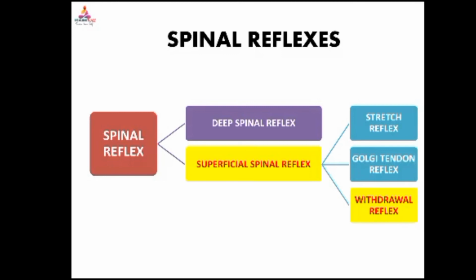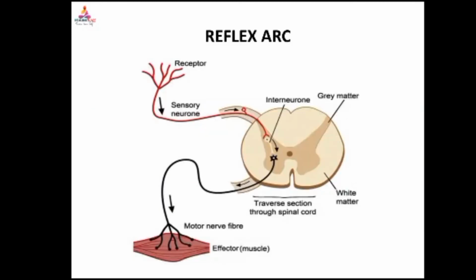It involves only one synapse, hence called a monosynaptic reflex. The reflex arc involved in this reflex consists of five basic components and involves more than one synapse, hence it is called a polysynaptic reflex arc.